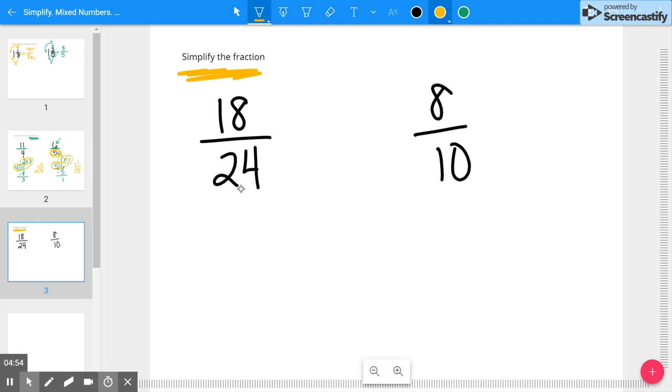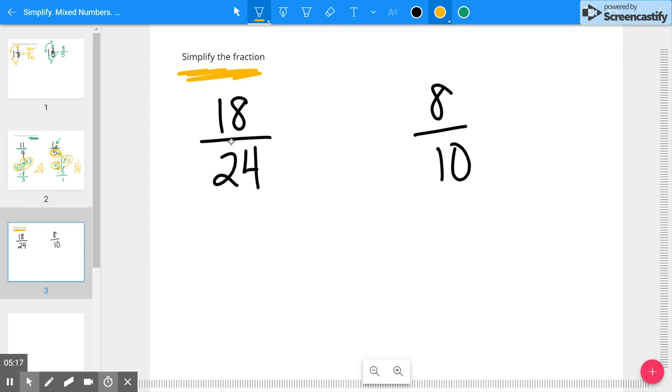18/24, I'm going to ask myself, what numbers can I divide the top and the bottom by that are the exact same? Well, I could do 2. I could say 18 divided by 2 and 24 divided by 2. But could I get bigger? Could I have a larger number that I divide by so it's fewer steps? Well, I could do 3. But I think I could get bigger.